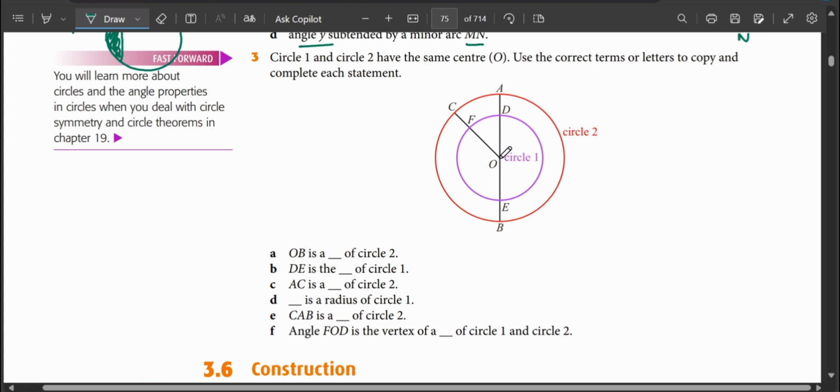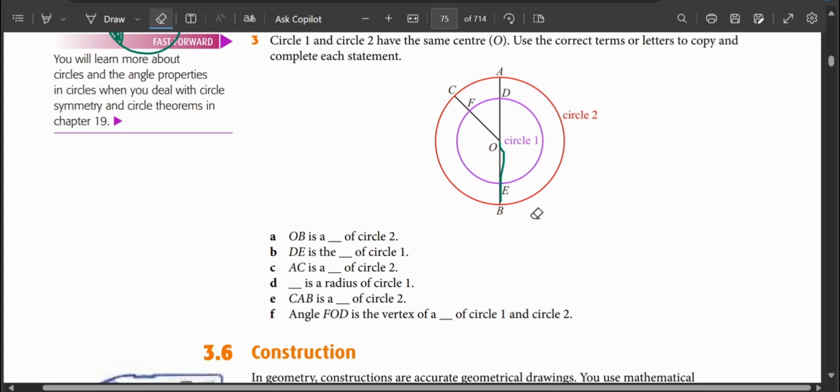If we look at this line going from O to B, this line is bigger than circle 1, so we are looking at circle 2. From the center point to this circumference B, what goes from the center to the circumference? It's radius. So OB is the radius of circle 2.